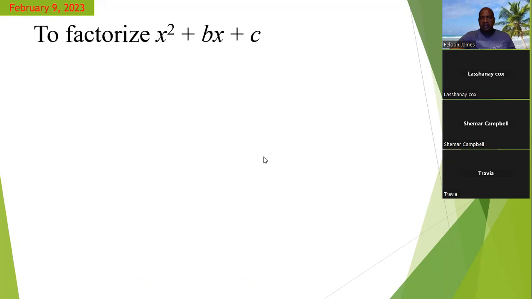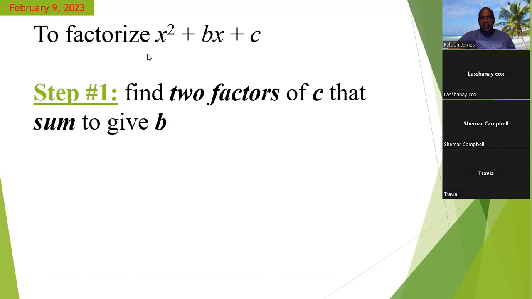When the coefficient of x squared is 1, the steps to factorize are that we are going to be looking for 2 factors of c. That means the last term, which is a number, but we are looking for 2 numbers that you can multiply to get c, and the same two numbers, when you add them, you get b.